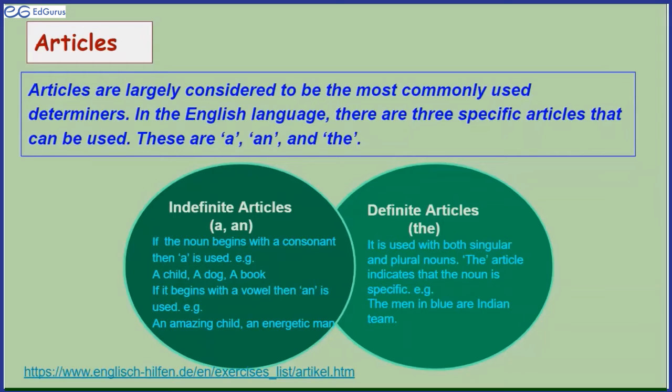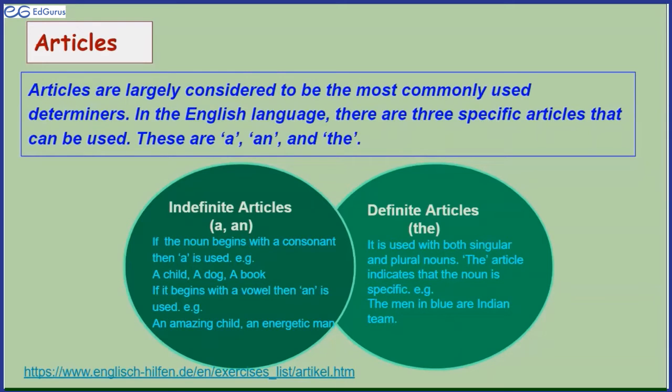It's very common. For example, I say an honest man. What is the spelling of honest? H-O-N-E-S-T. H is a consonant, but H is silent, and the vowel sound, the O sound, is prominent. That's why we use an here.